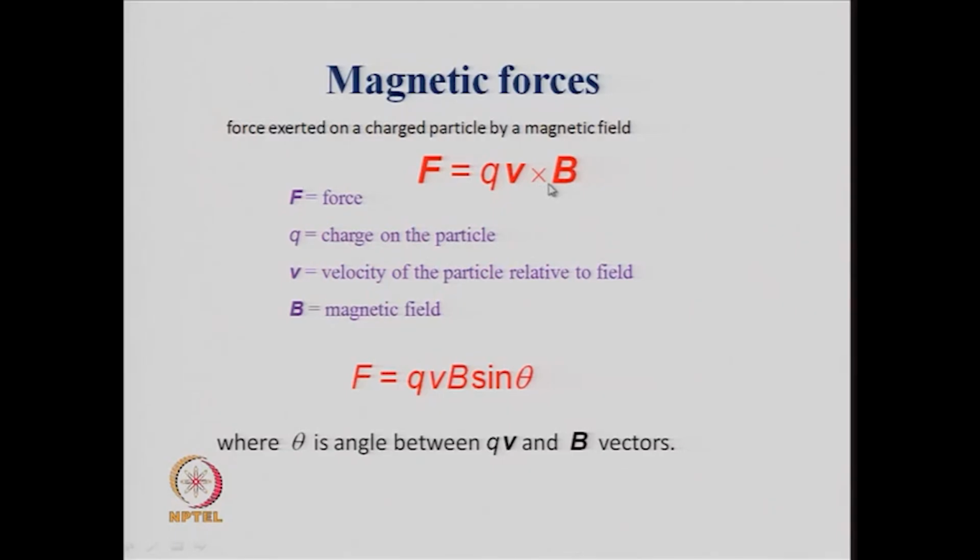If they make an angle theta between them, then the force will be given by this expression, where theta is the angle between the v vector and the capital B vector. That is, the direction in which the charge is moving and the direction of the applied magnetic field, and the vector product will give you the force influenced by the magnetic field on the moving charge.